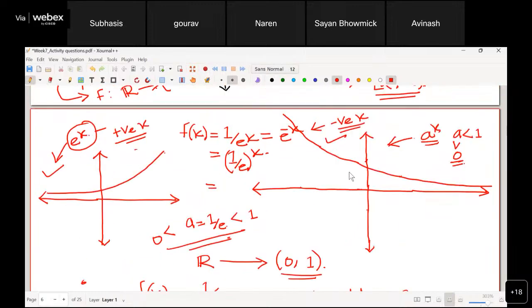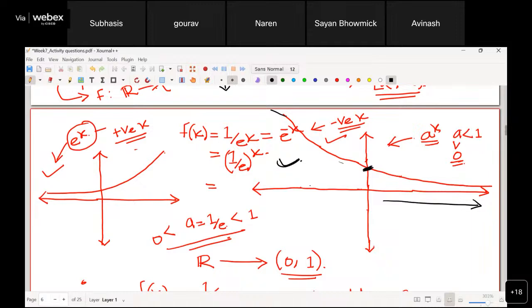If you see e power minus x here, the y-intercept is always 1, and this function is coming below 1, it is going towards 0. Yes, sir. But on the negative side it's going towards infinity, right?